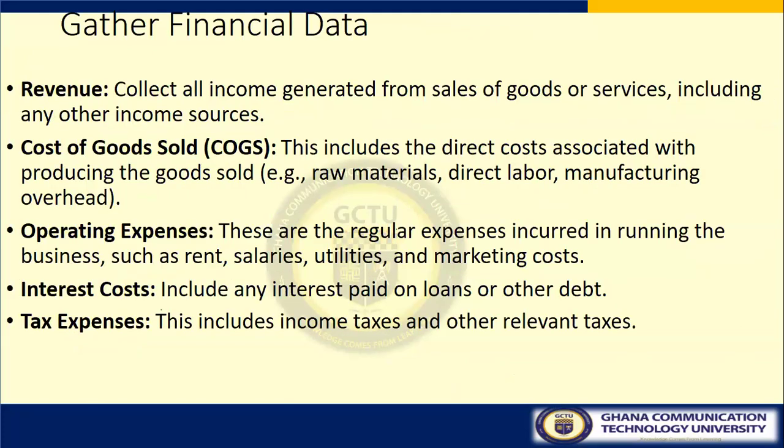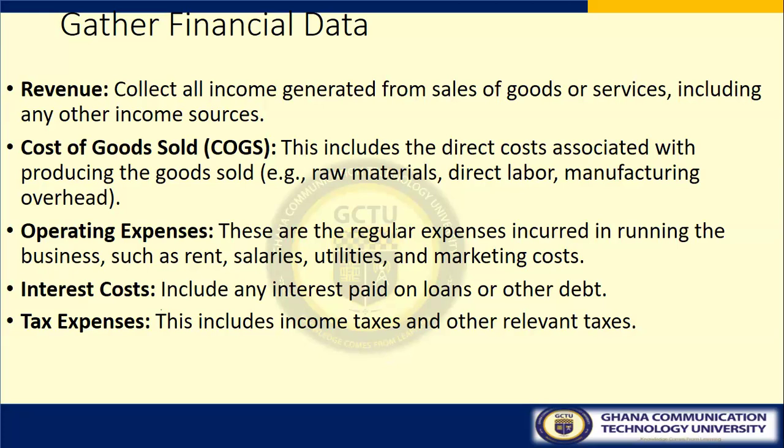Now, revenue. What is revenue? It collects all income generated from sales of goods or services, including any other income sources. So our revenue is generated from sales of goods or when you render service. That's where we get our revenue. Then we have a term called cost of goods sold.